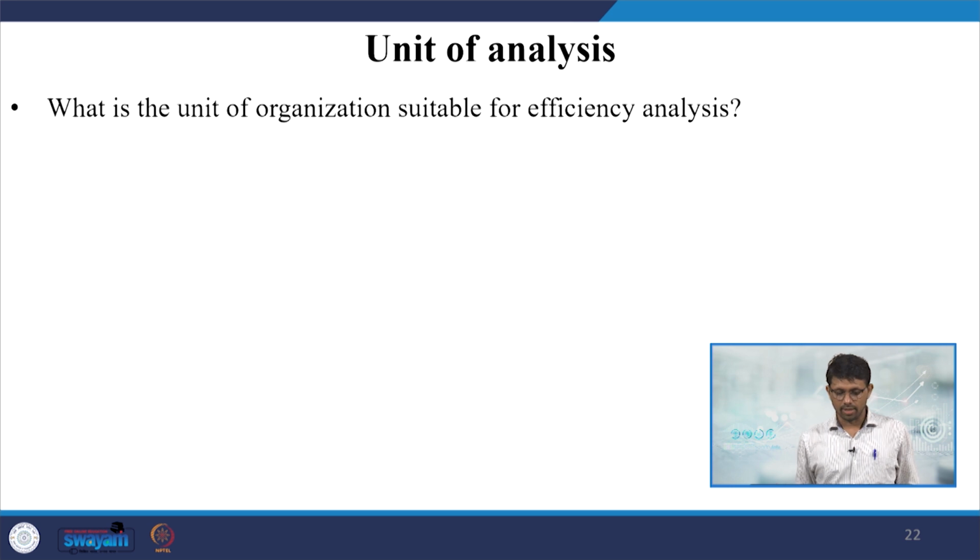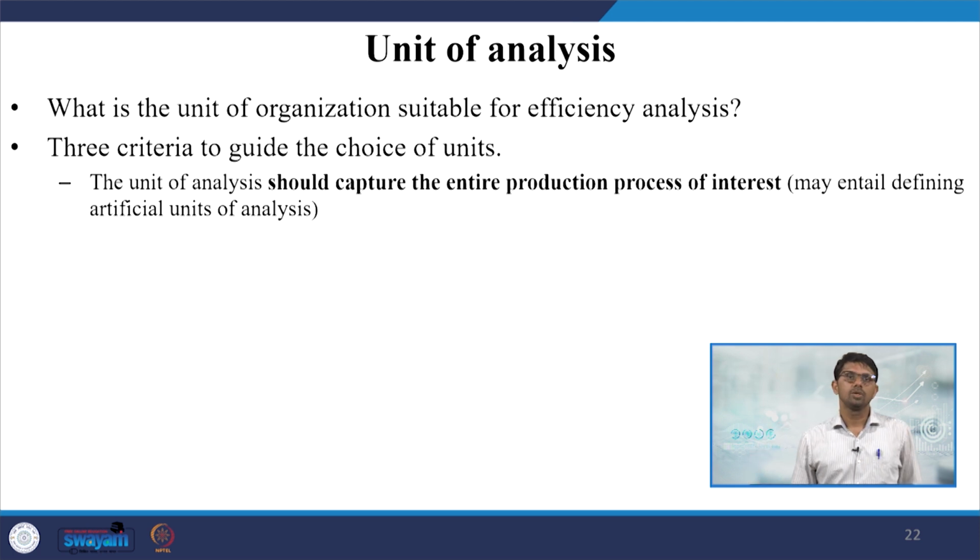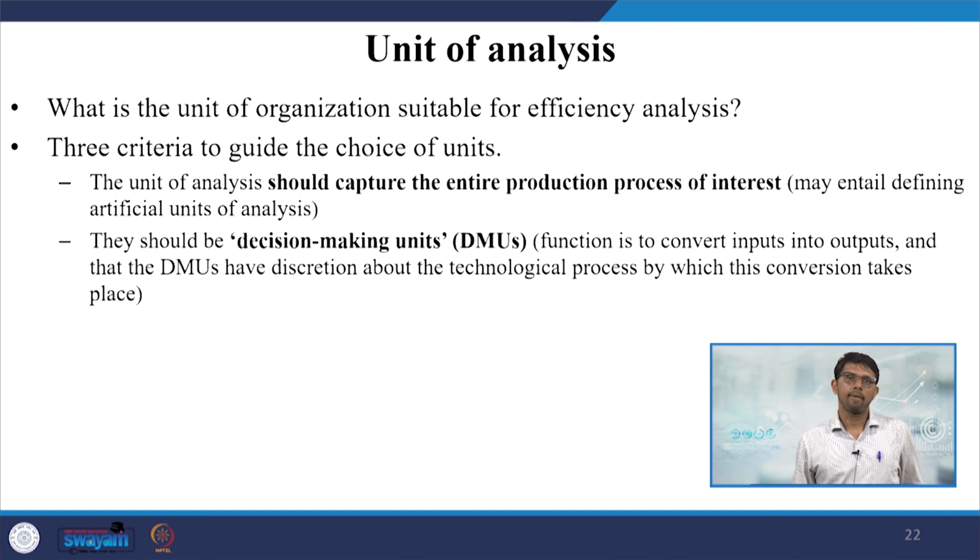At this moment we are emphasizing the unit of analysis as an important indicator. There are three criteria to guide the choice of the unit of analysis. Usually we start by emphasizing that a unit of analysis should capture the entire production process of interest. That may entail defining artificial units of analysis as well.